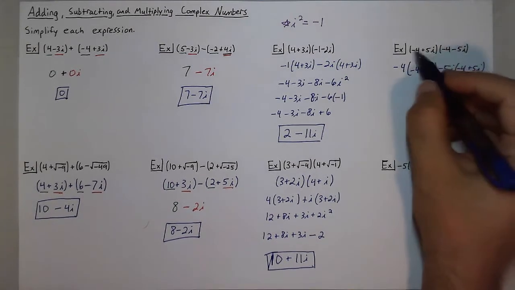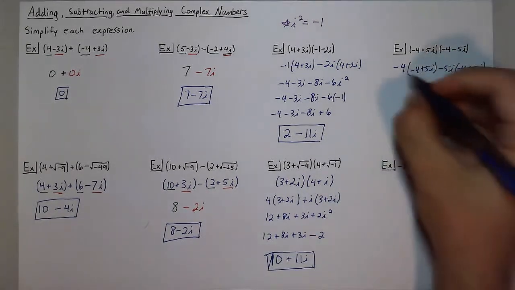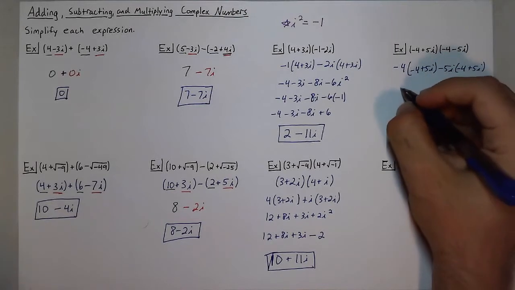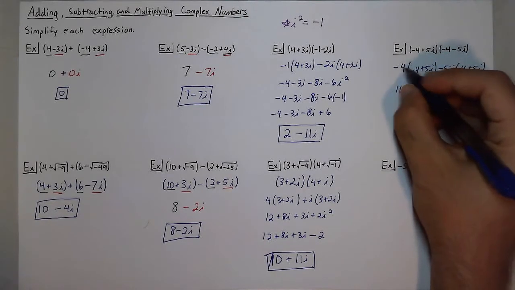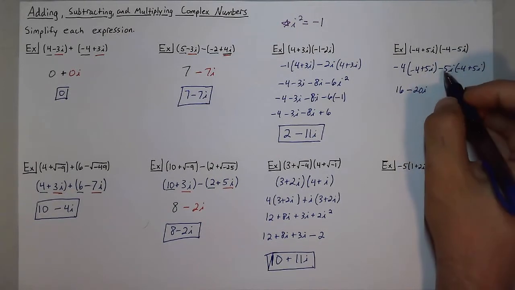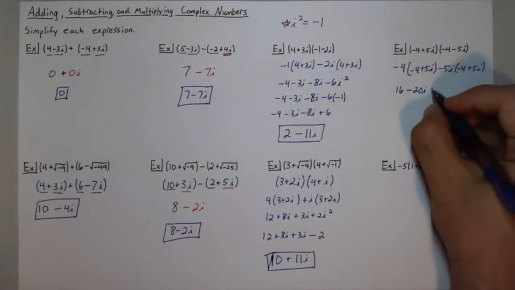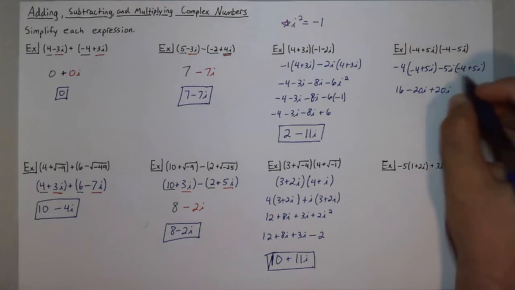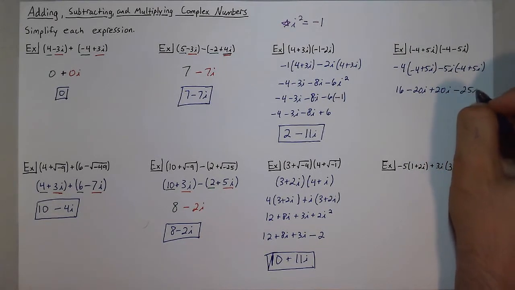Again, just distributing that left binomial. That gives me negative 4 times negative 4, which is positive 16. Negative 4 times 5i is negative 20i. Negative 5i times negative 4 is plus 20i. And then negative 5i times 5i is negative 25i squared.